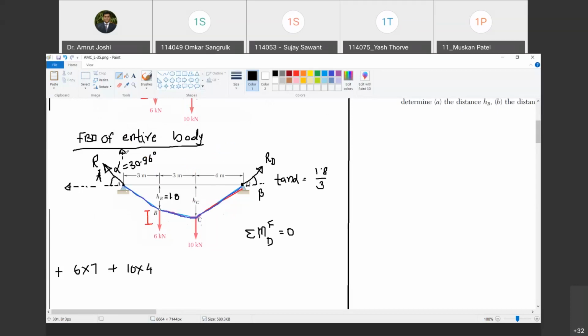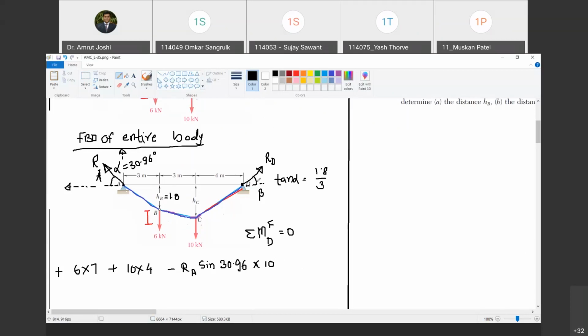Are you able to imagine this? Yes, sir. And what is the moment? Minus, because it is clockwise, RA sine 30.96 multiplied by 10. This is the moment caused by the vertical component of RA about D.